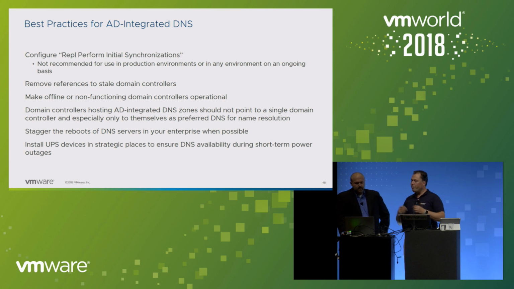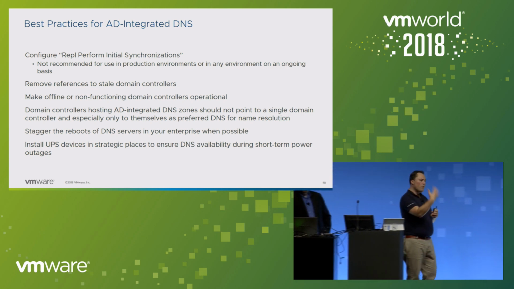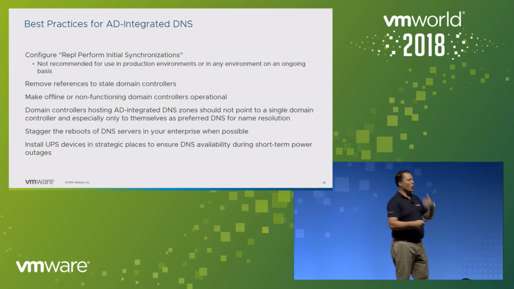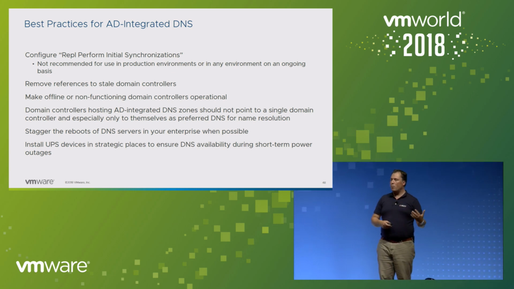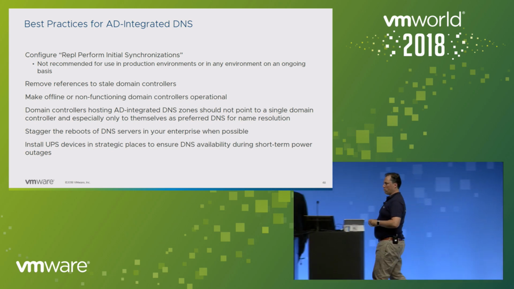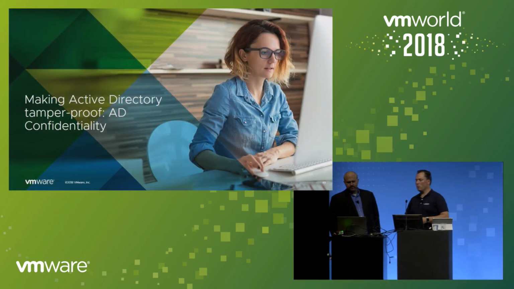Make offline or non-functioning domain controllers operational because if it's looking for a domain controller to do the initial sync and can't find any, yet another 20-25 minutes lost. And of course the solution that vSphere offers you is to start up or restart your domain controllers and stagger those reboots so there's always DNS servers available to perform those initial syncs on.